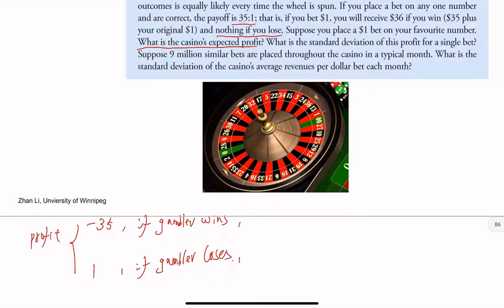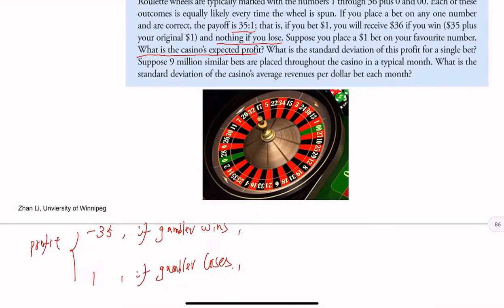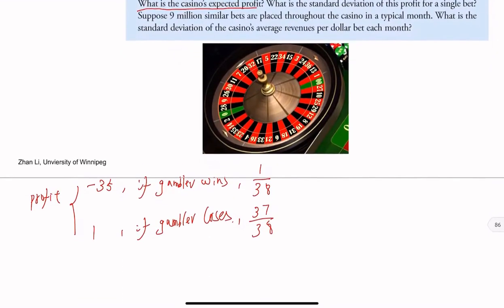Now, what's the probability a gambler could win? Well, you're betting one number. However, there are 38 numbers, right? So 1 through 36 plus 0 and 00. So the probability that a gambler wins is 1 divided by 38, and the probability that a gambler loses is 37 divided by 38. So now we could calculate the expectation here, right?